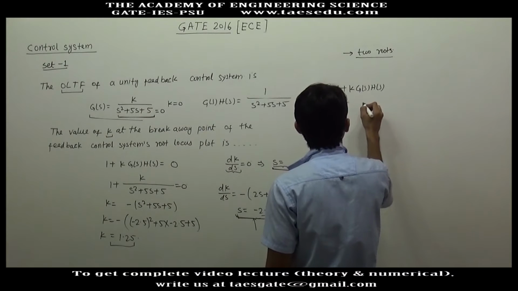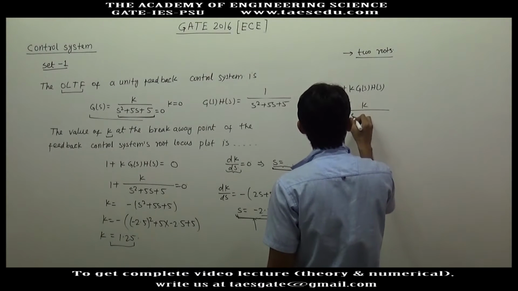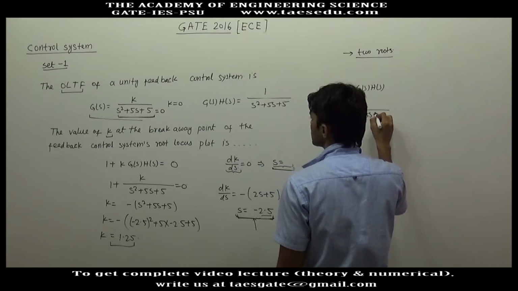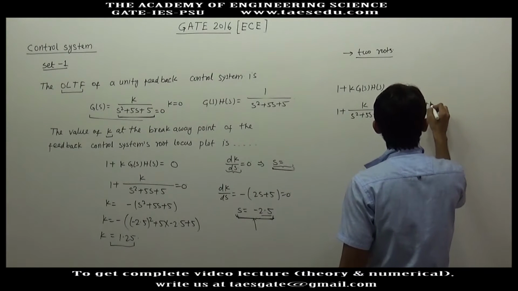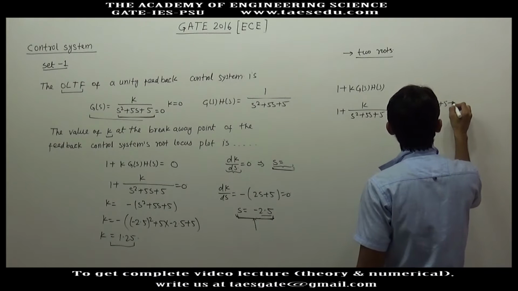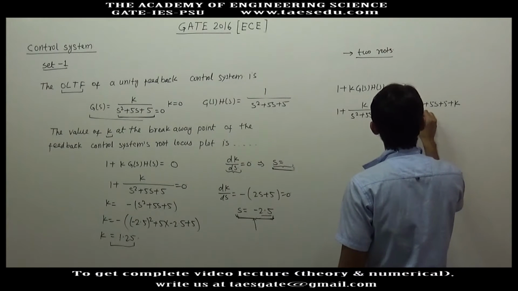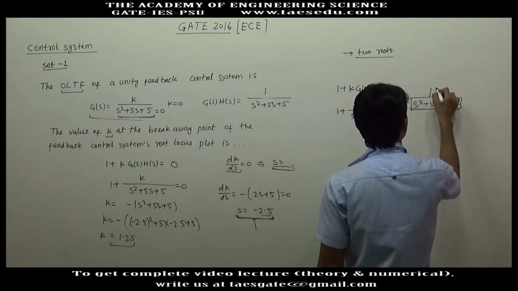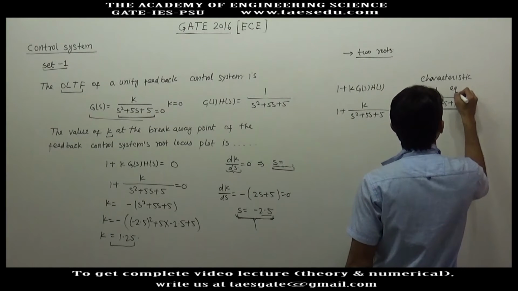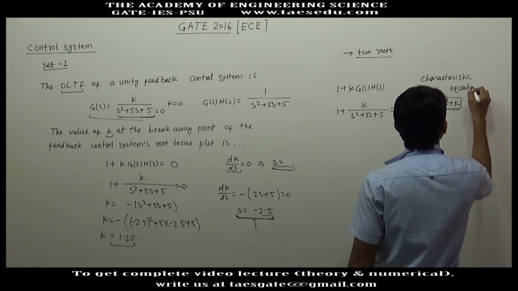So 1 plus K divided by s square plus 5s plus 5, that is s square plus 5s plus 5 plus K. So this is your characteristic equation.